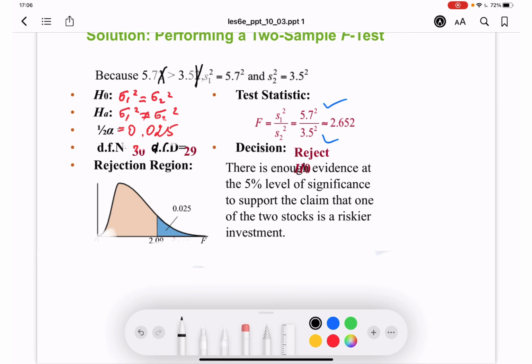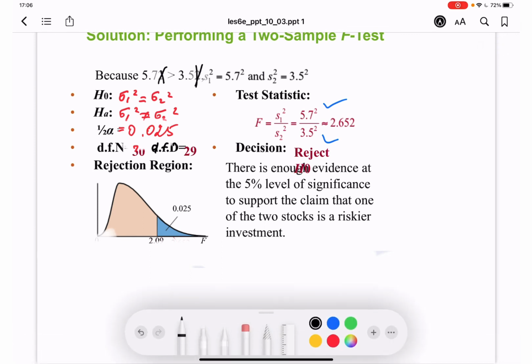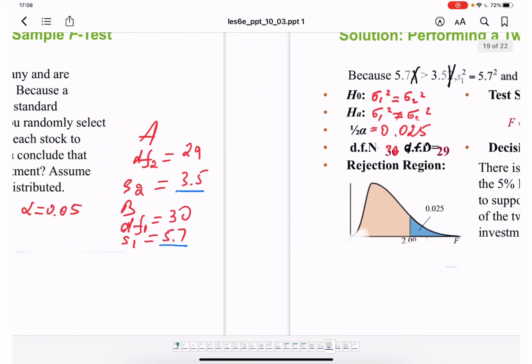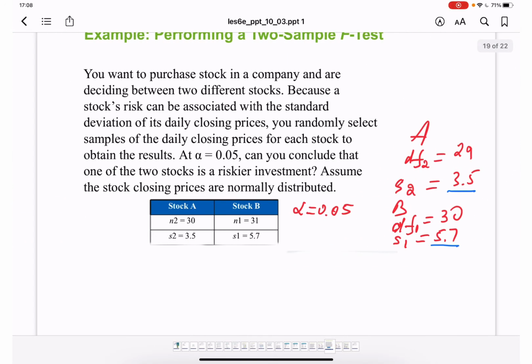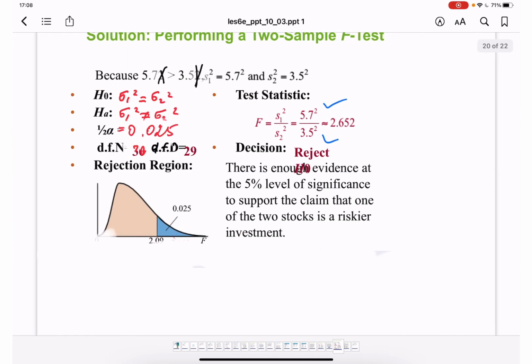Okay, so the degrees of freedom, for one case it's 30, another case it's 29, the denominator. Am I right? Let's go back and check. Yes, with sample sizes 30 and 31, so 29 and 30, we are good.